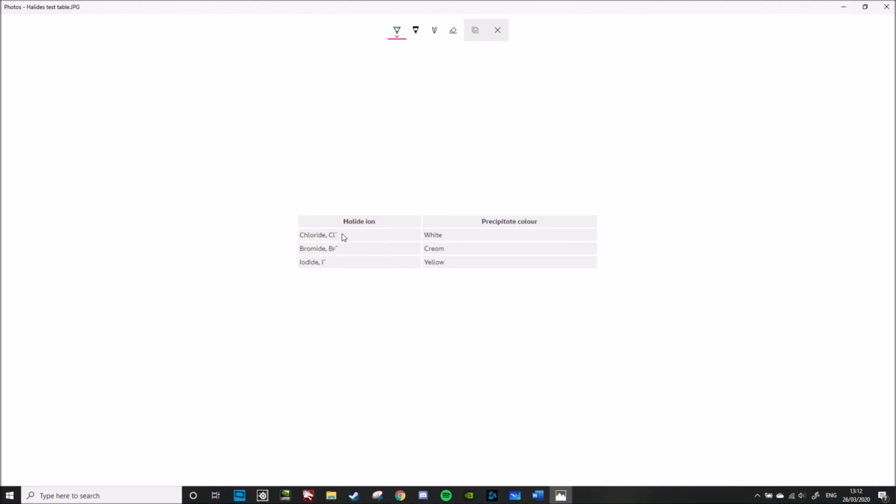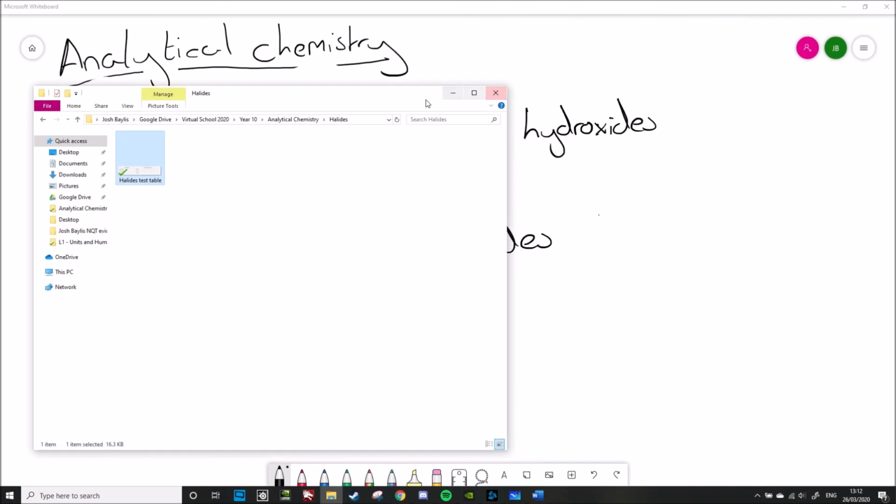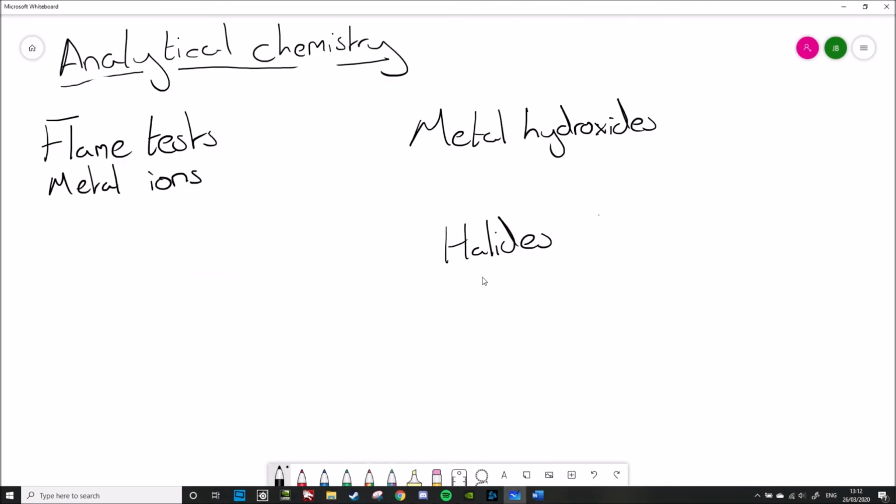Now, white will mean we've got chloride present, cream means we've got bromide present, and yellow, iodide. So as we go down the periodic table from the top of group 7 to the lower part of group 7, it goes down from white, cream to yellow. So we get this kind of spectrum of shading. So that will be silver nitrate.